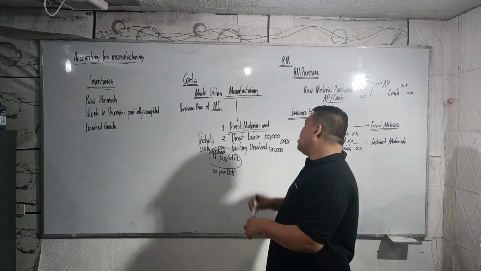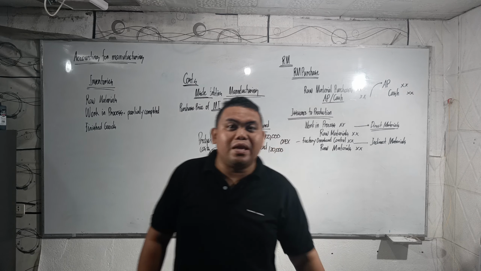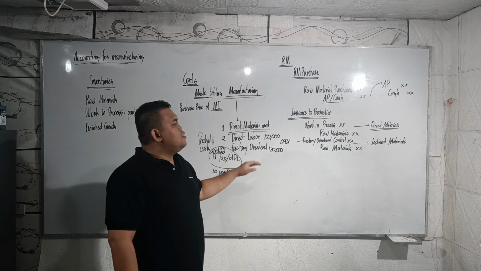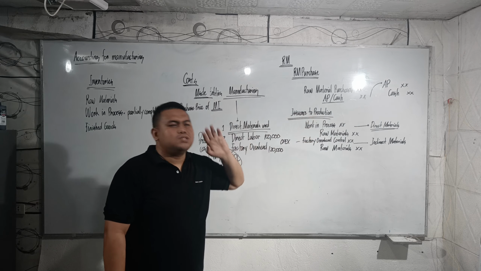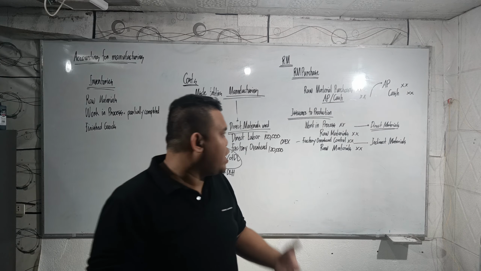So actually, this is the one used by the company. And normally, the actual factory overhead cost will just be known at the end of the period, because again, it's very difficult to trace the whole actual factory overhead.